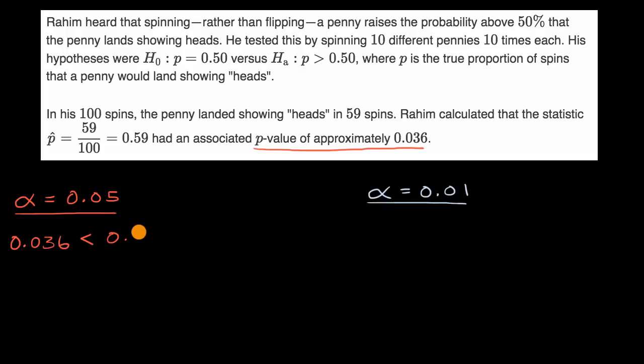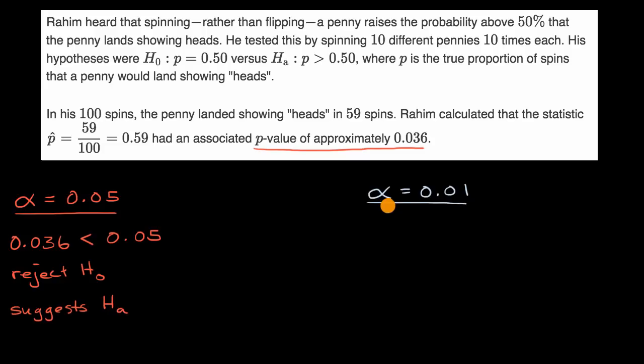It is indeed less than 0.05. And because of that, we would reject the null hypothesis. And in everyday language, rejecting the null hypothesis is rejecting the notion that the true proportion of spins that a penny would land showing heads is 50%. And if you reject your null hypothesis, you could also say that suggests our alternative hypothesis, that the true proportion of spins that a penny would land showing heads is greater than 50%.